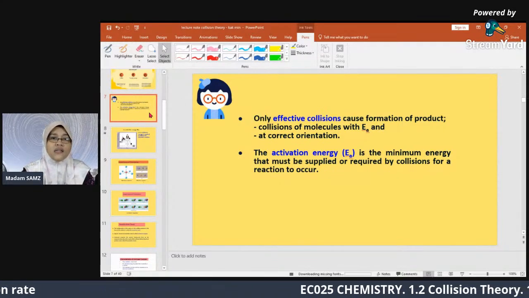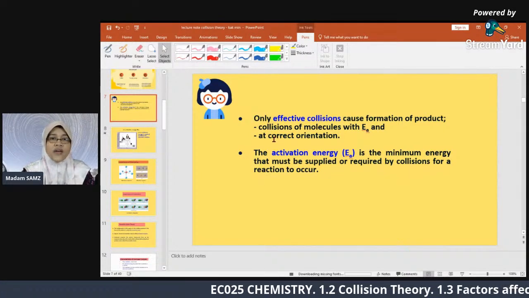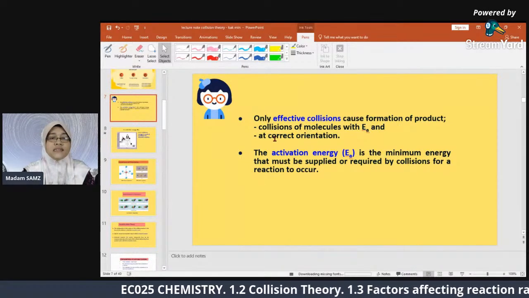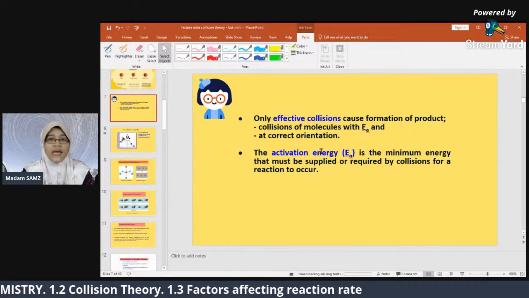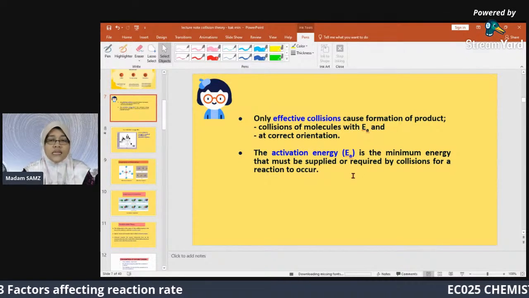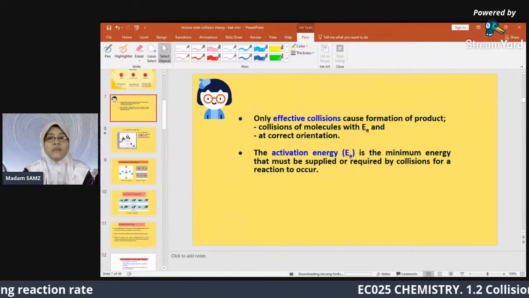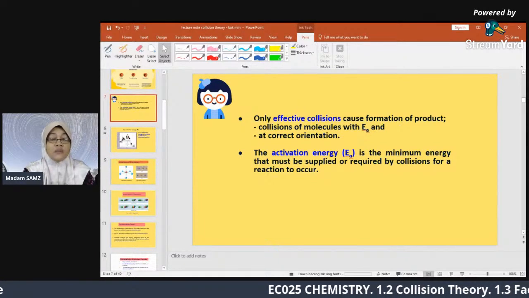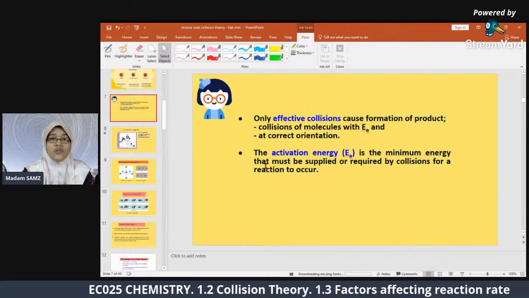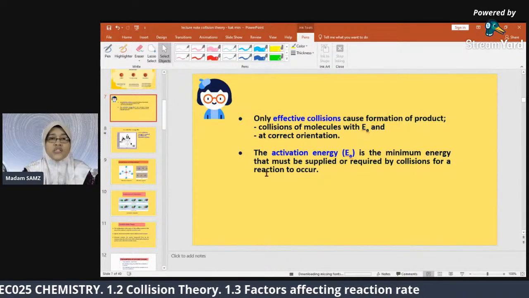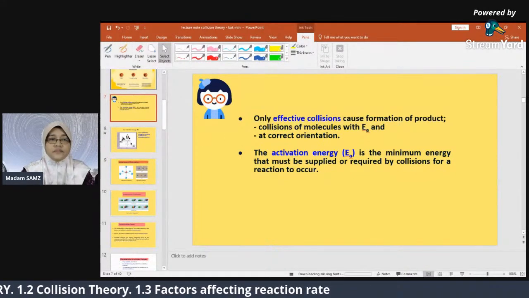And the second one, these effective collisions must collide with correct orientation. Activation energy, Ea, is defined as the minimum energy that must be supplied or required by collisions for reactions to occur.